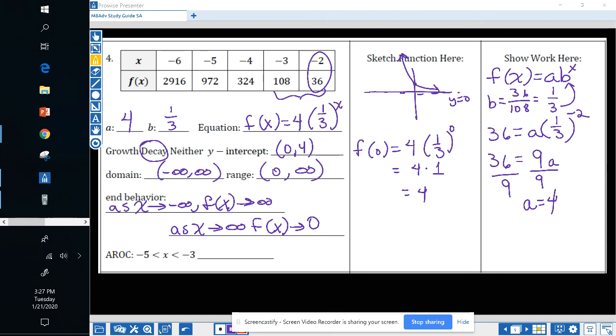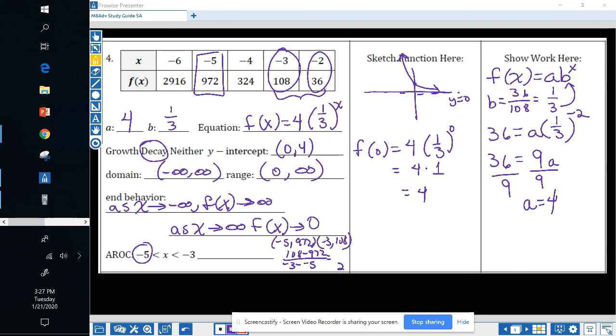So, the A-rock. When x is negative 5, we have that ordered pair, negative 5 comma 972. And then when x is negative 3, we have 108. So we're going to have 108 minus 972 over negative 3 minus negative 5.